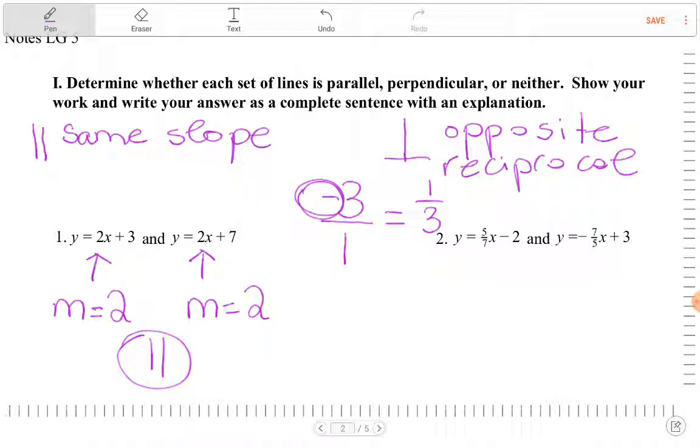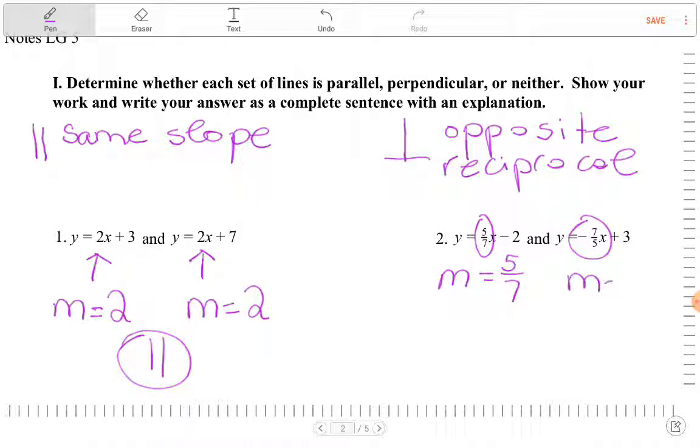So if we're checking on our first problem, our slope on my first line is 5/7. The slope on my second line is -7/5. So let's check. Do I have an opposite reciprocal?